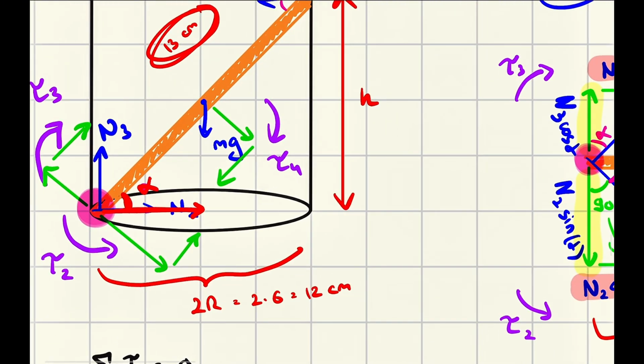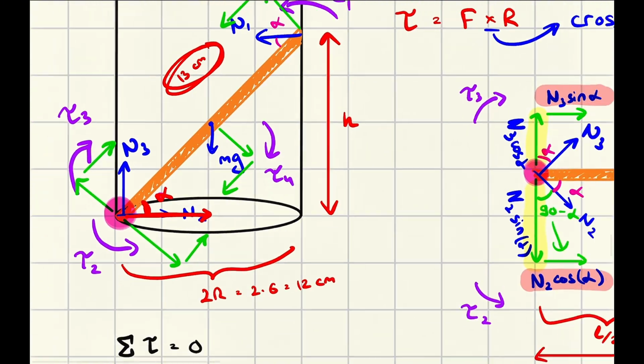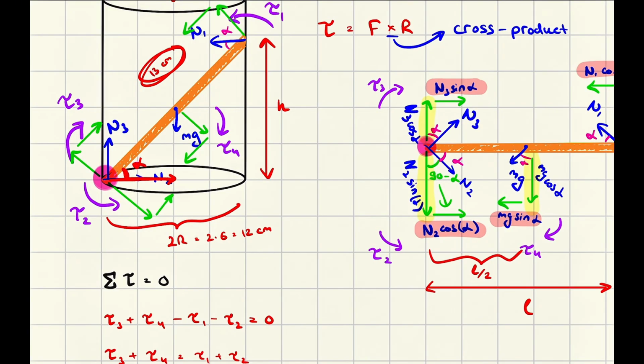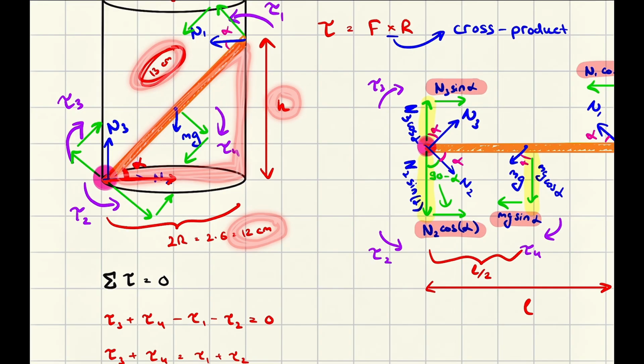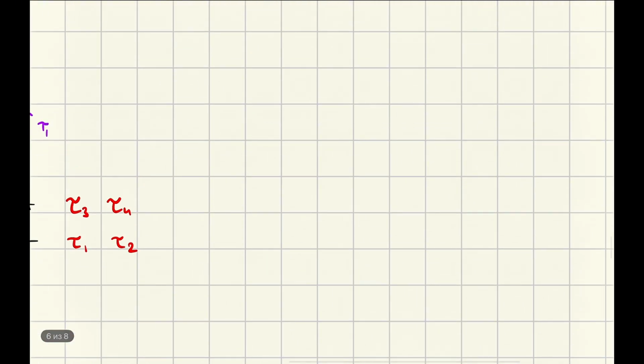And guess what? This is just the Pythagorean theorem. This is just a triangle. Look at this triangle. We have 13 centimeters and 12 centimeters. So let me take this triangle somewhere here. It looks something like this.